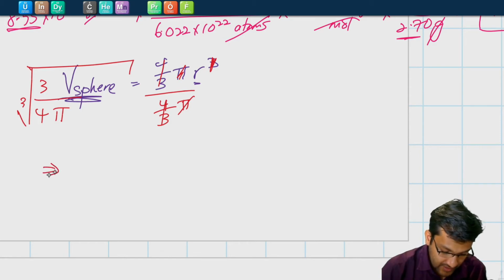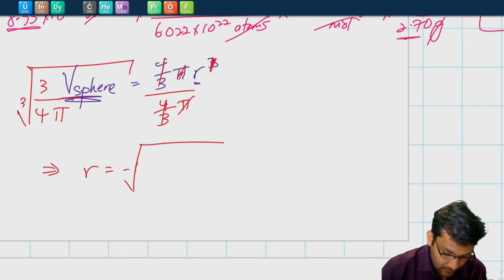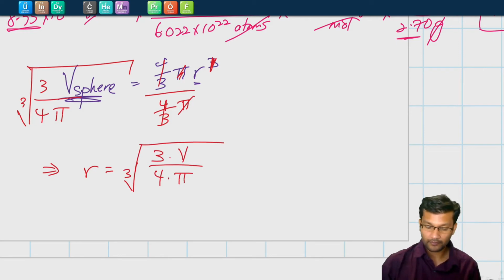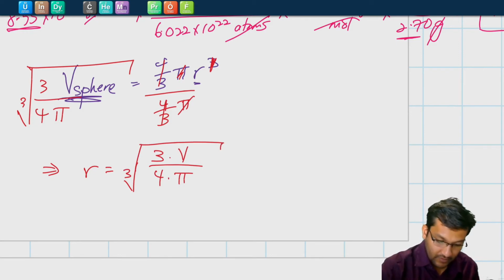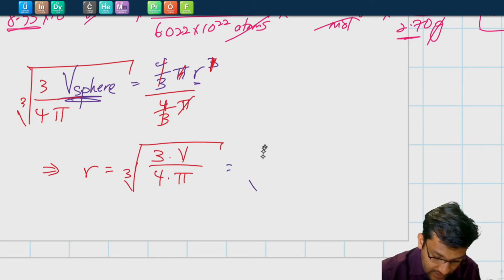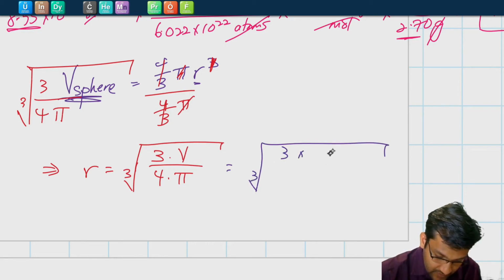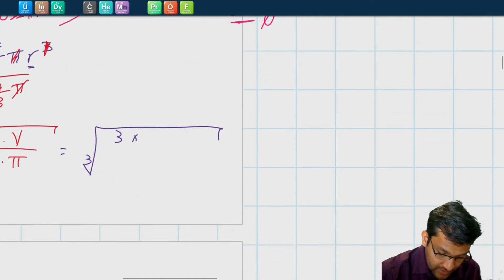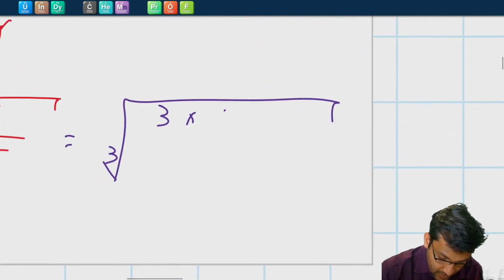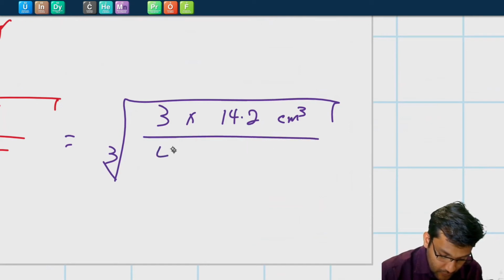So that gives us r is equal to the cube root of 3 times the volume divided by 4 times pi. So all we need to do then is plug in the numbers for those. 3 times the volume that we solved for, which was 14.2 centimeters cubed, divided by 4 times pi.